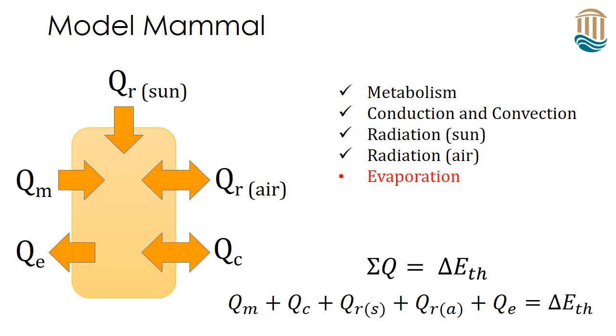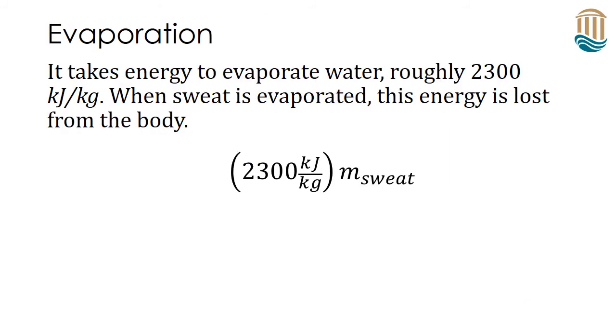The final process that we'll look at is evaporation. Mammals such as humans can cool themselves through evaporation of sweat that's excreted by the skin. When sweat's evaporated, it takes a lot of thermal energy with it. It takes about 2,300 kilojoules to evaporate 1 kilogram of sweat.